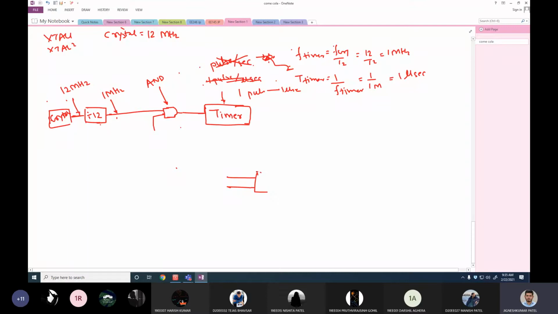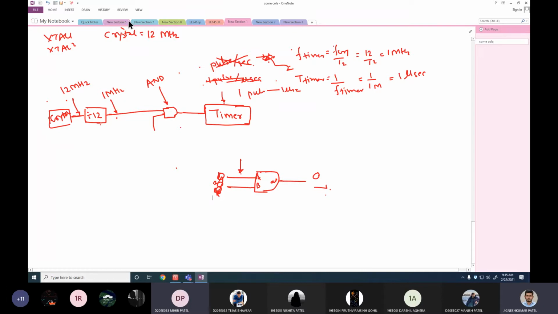If this is my AND gate, and this is my output, let us say this is input A, this is B, and this is output. So if on my pin A, I provide 1 and I provide 0 over here, what I'll get? 0. Correct? And same way, if I provide a 0 over here and 1 over here, again I'll get 0. So you know the logic of AND gate.